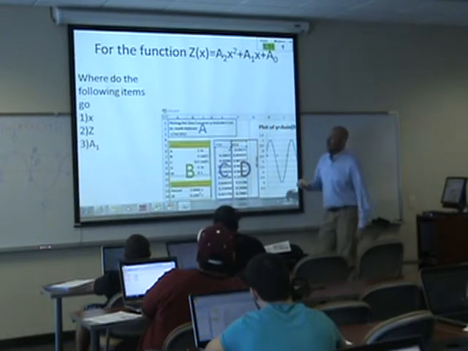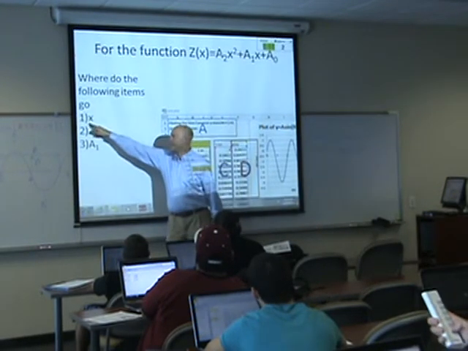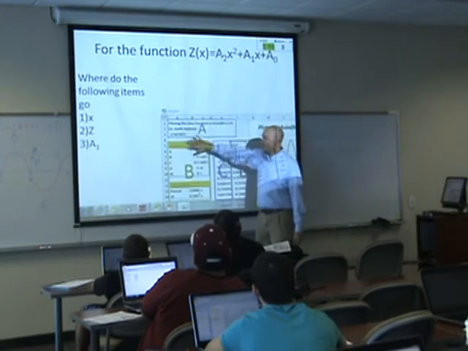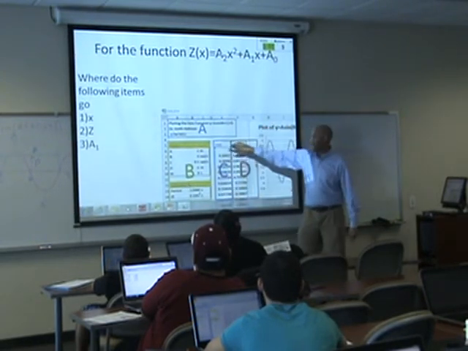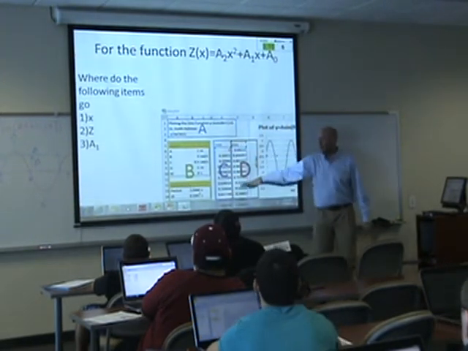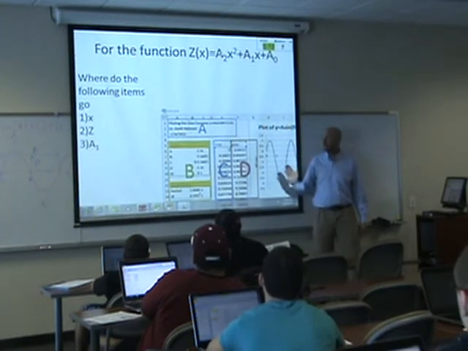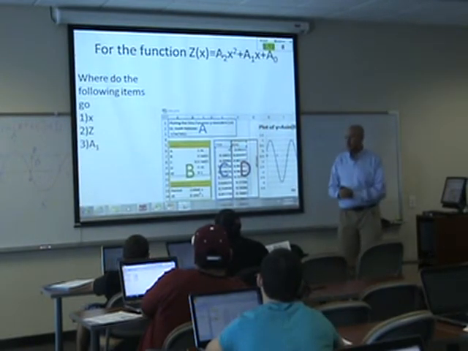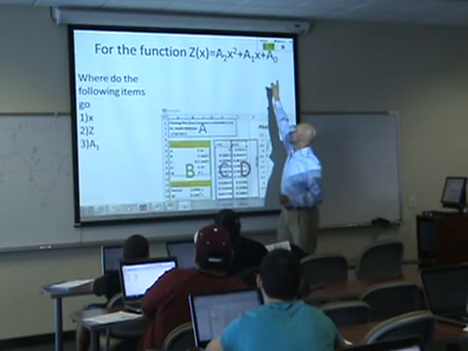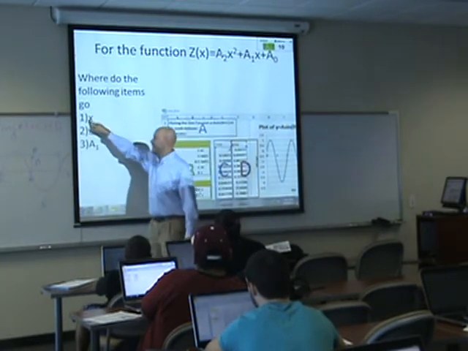In what region are we going to put x? Are we going to put it up here? Over here? Here? Or here? Where is x going? Where would we put the data for x?